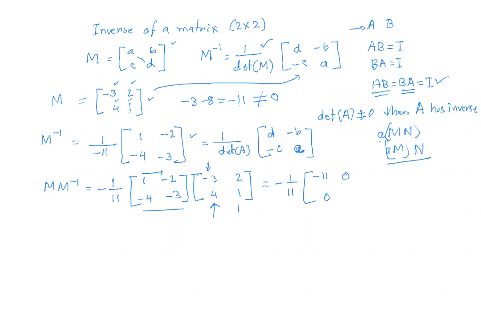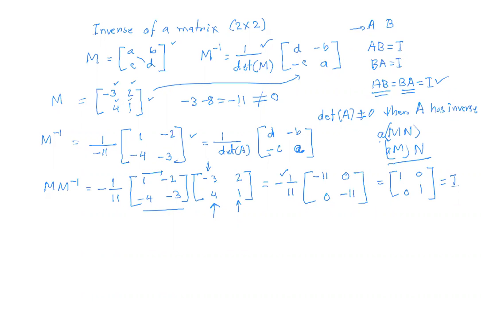Second row, second column, I do the dot product: -4 times 2 is -8, -3 times 1 is -3, so -11. Now if you multiply these by -1 over 11, what you're going to get is 1, 0, 0, 1. This is the identity matrix. Very, very easy.